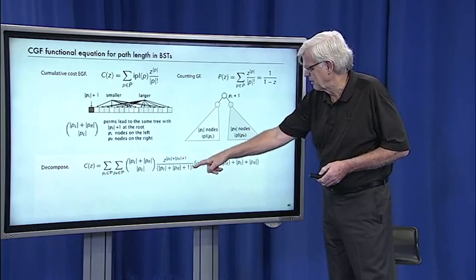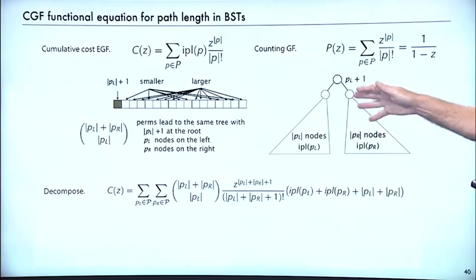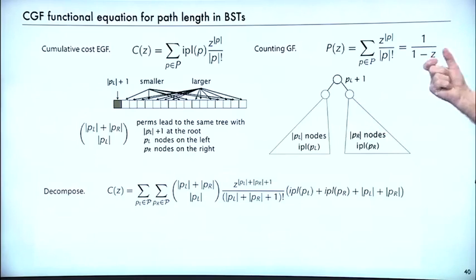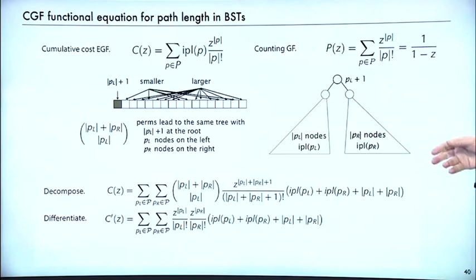This PL plus PR plus 1 factorial in the denominator causes a little inconvenience in simplifying this formula. But we have Z to that same quantity. So what we do is differentiate to cancel out that one factor. Then you'll see there's a PL plus PR factorial on the bottom, and then we can mix that with the binomial coefficient.